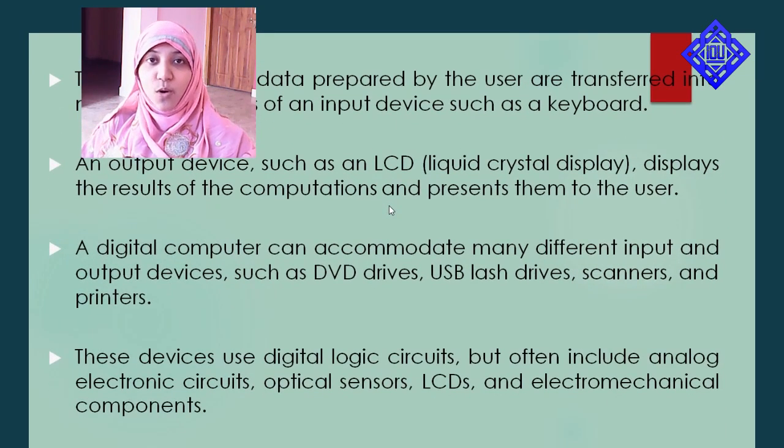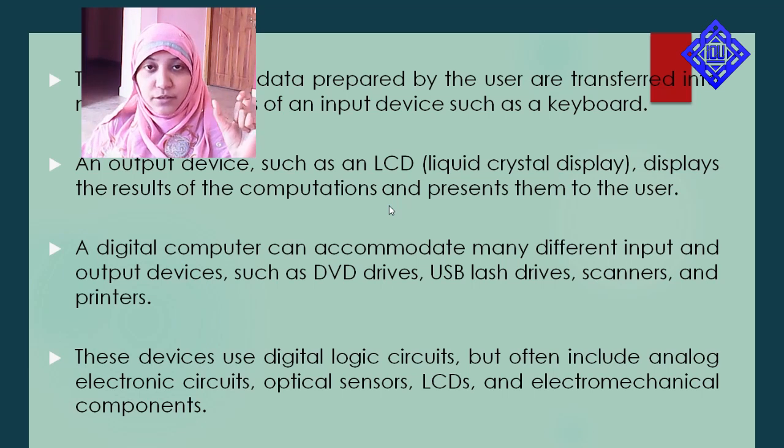Then all these devices we discussed, be it a scanner, a printer, disk drives, an LCD, a keyboard, a mouse, or a joystick, all these various devices use digital logic circuits, but they often include electronic circuits, optical sensors, LCDs, and electromechanical components.